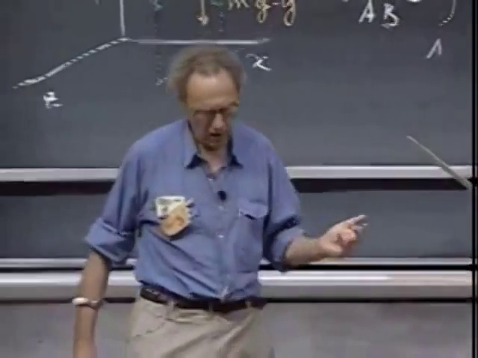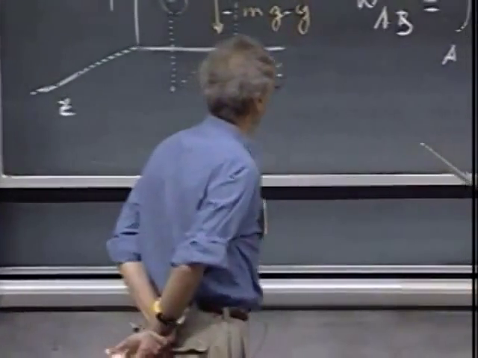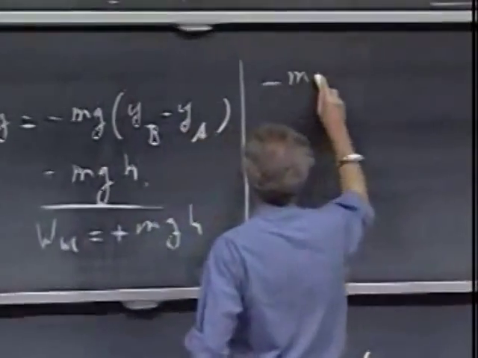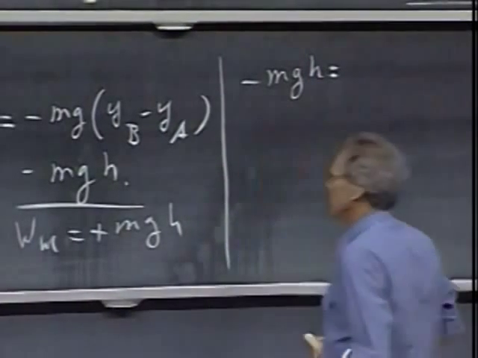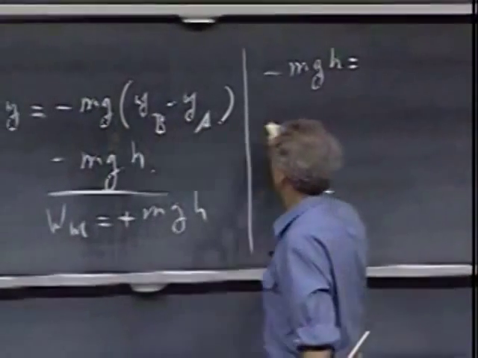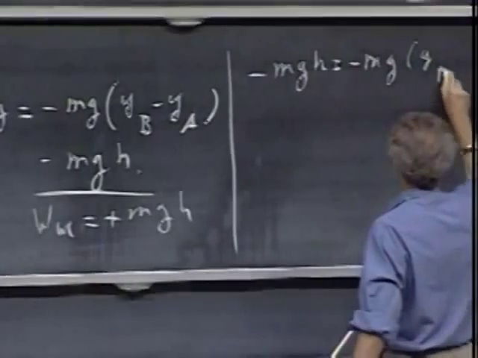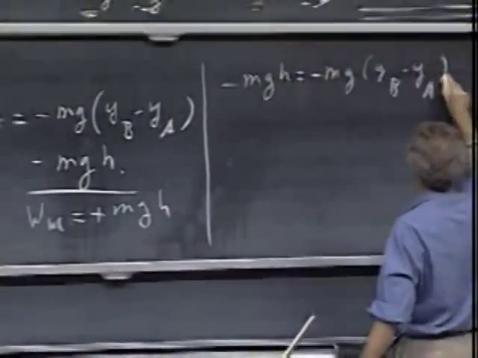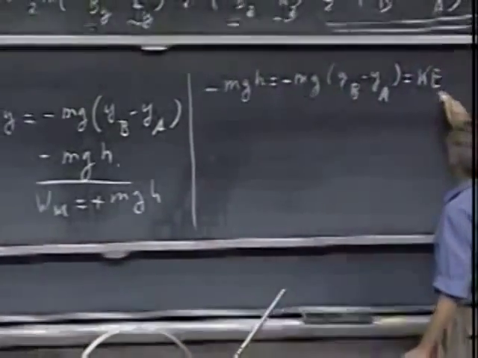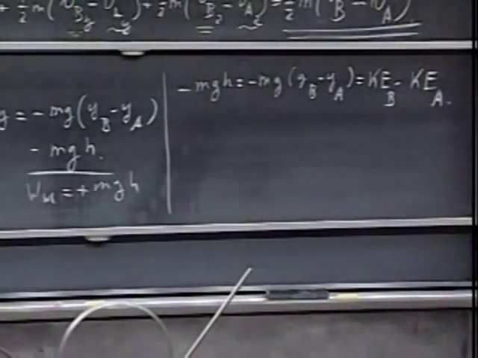Again, I'm going to concentrate now on a case where we deal with gravity only. When there's only gravity, then we have that minus mgh is the work done going from A to B, which equals minus mg times y of b minus y of a. And that now is the kinetic energy at point B minus the kinetic energy at point A. This is the work energy theorem.